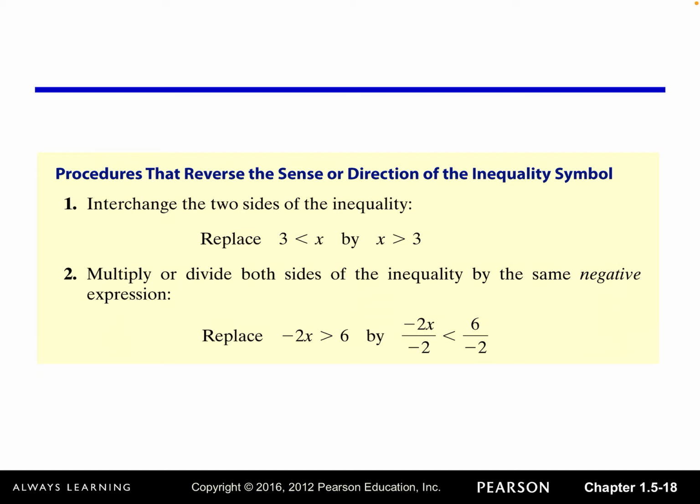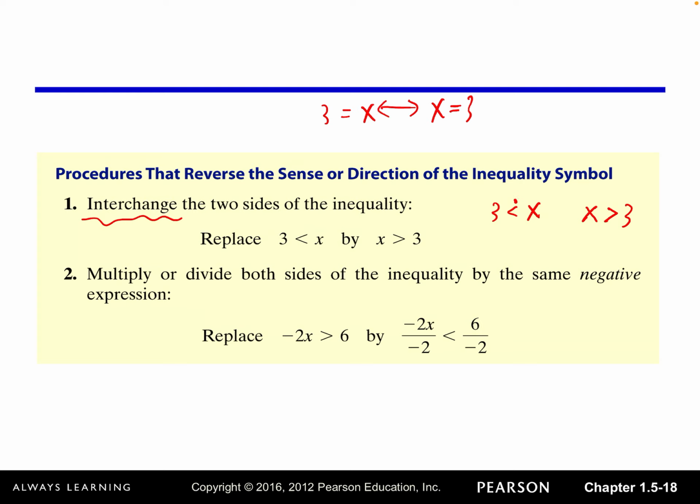So what are the cases where we need to reverse the direction of the inequality symbol? One is when you interchange the sides. Take 3 less than x. If you want to write x on the left-hand side, you need to write x greater than 3. That's different from an equation: we say 3 equals x, we can write x equals 3, and they are equivalent.